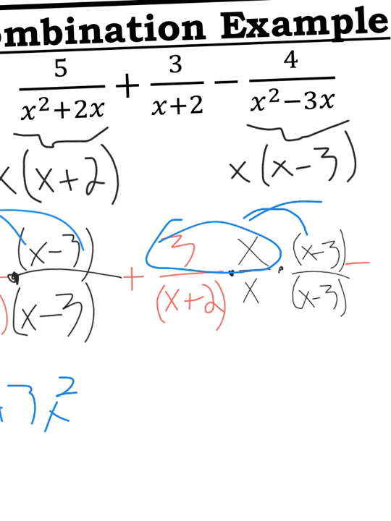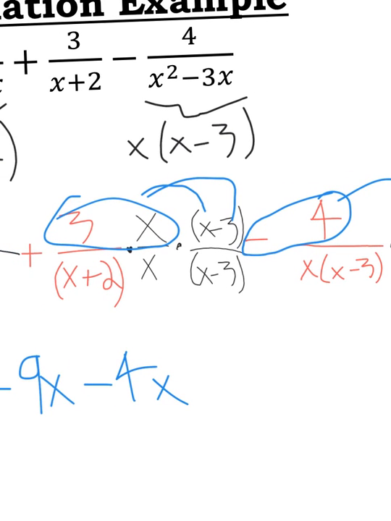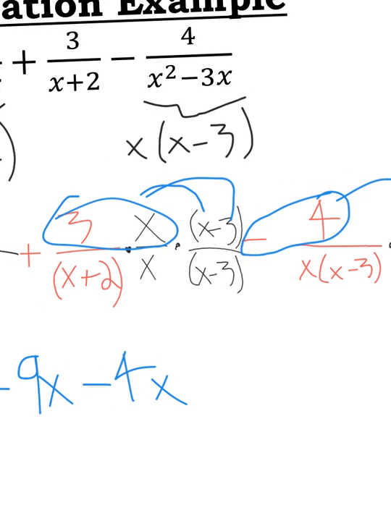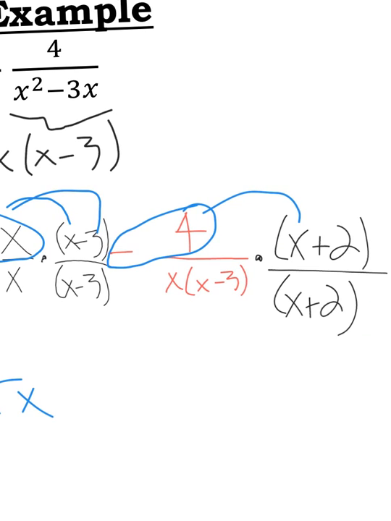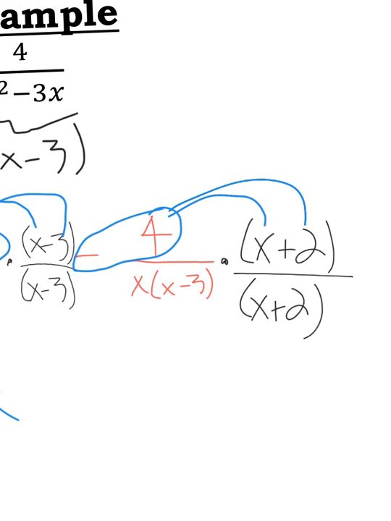And then we have 3x times negative 3, so that'll make negative 9x. And then I'm going to group this negative with the 4 and say, what's negative 4 times x? That's negative 4x. And then what's negative 4 times positive 2? And that's going to be negative 8.